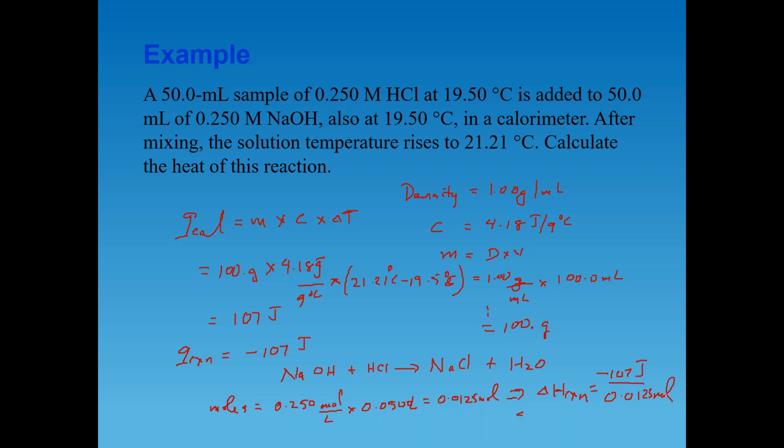So 107 divided by 0.0125. According to my calculation, this works out to be 8560 joules per mole. And that's how that is done.